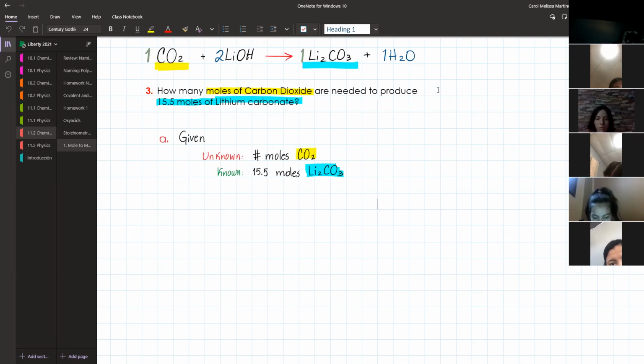Okay, now that you have related the two substances, the next step is to write what? Mole ratios, okay?